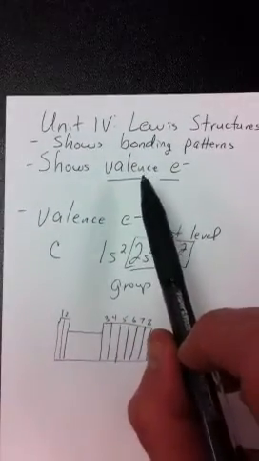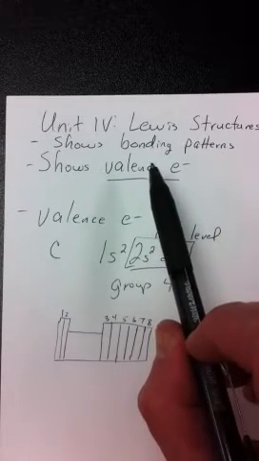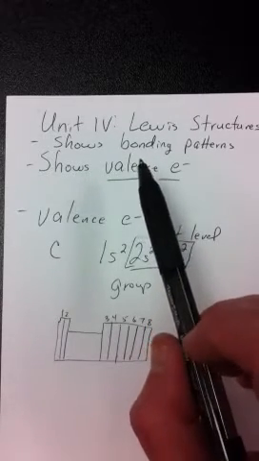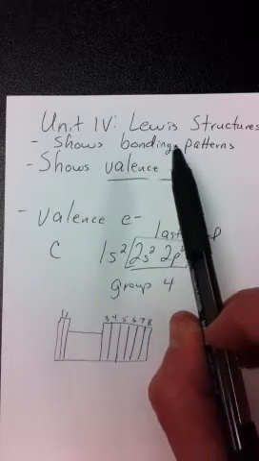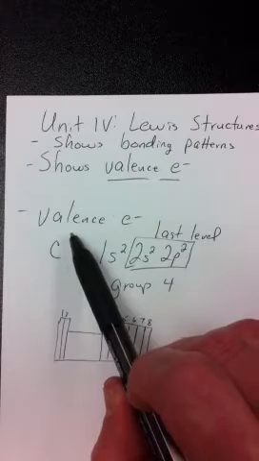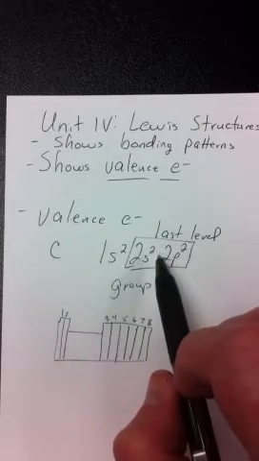And these things affect various properties about the molecule, about the compound, such as melting point, boiling point. Will it dissolve in water? Will it not dissolve in water? And so forth.